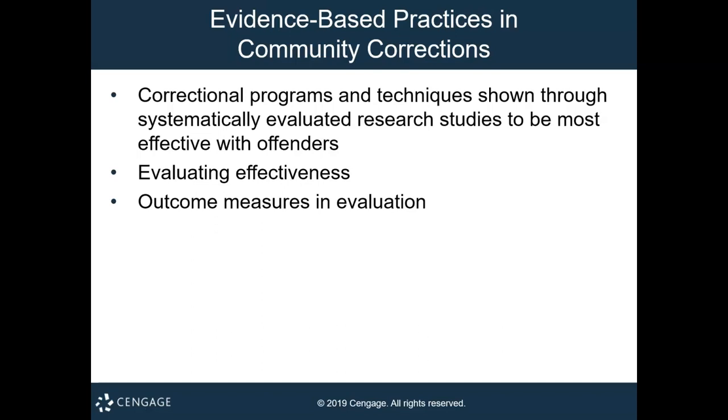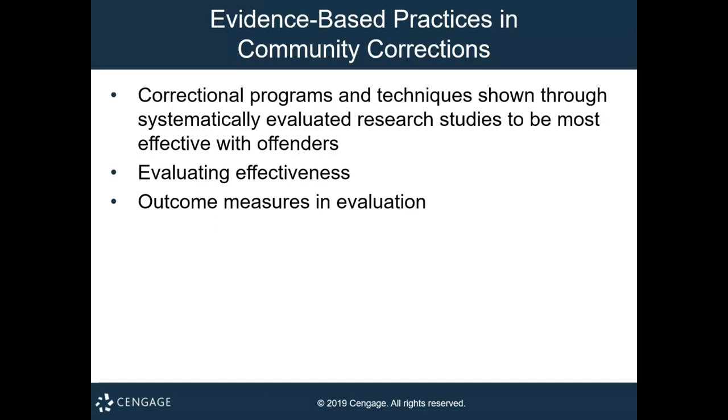So recidivism rates are basically how probation departments, parole agencies, the criminal justice system, and researchers decide which programs are effective. And we will talk a lot more about evidence-based practices in community corrections and my experiences with those as well.